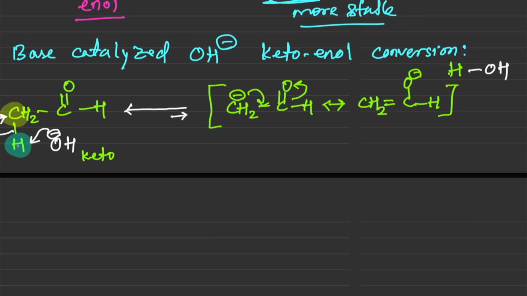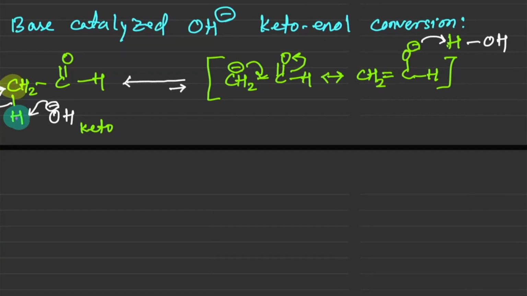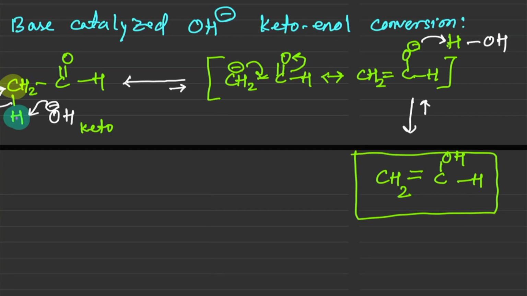It doesn't have to be the green hydrogens, it could be the other side, but I'm just showing you for the purpose of it, so that you can see the hydrogen from the bottom just move up to the top. CH2 double bond C, OH, and H. So this molecule here is our enol.